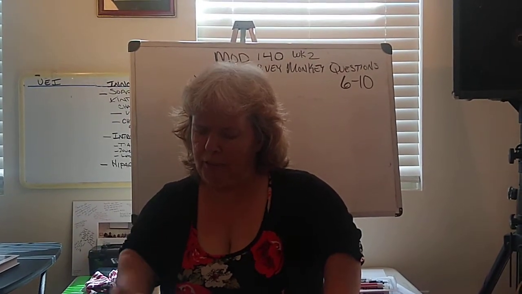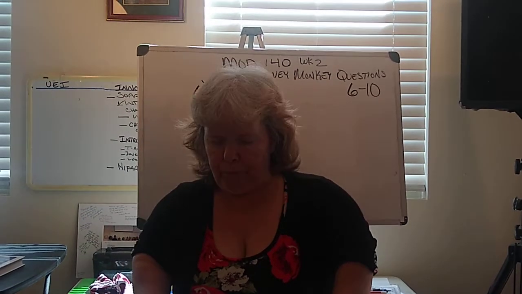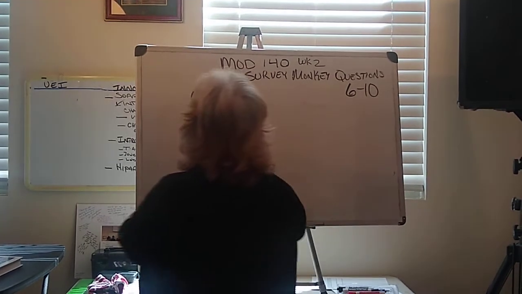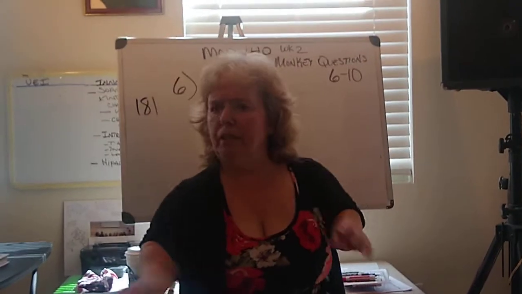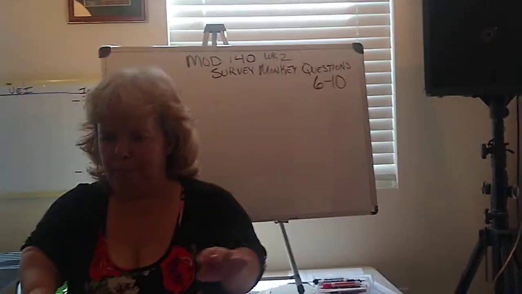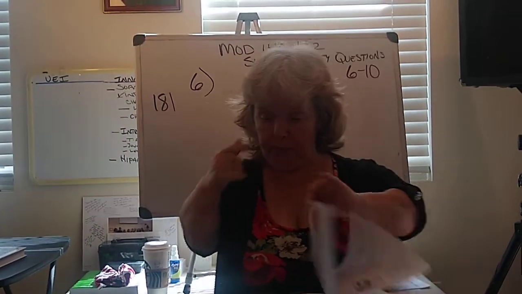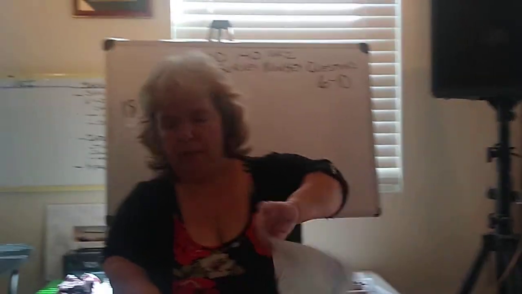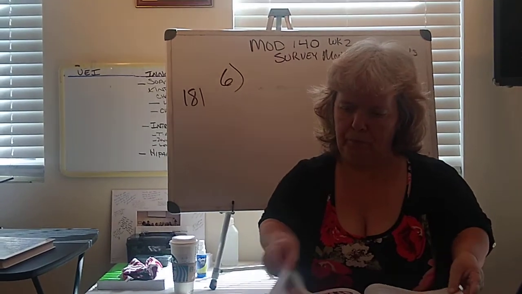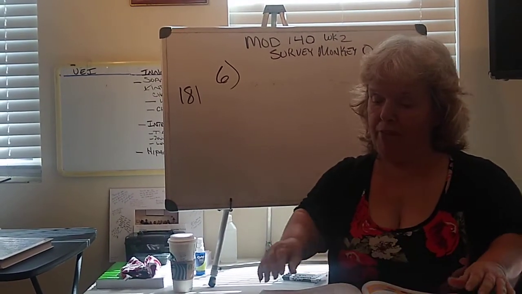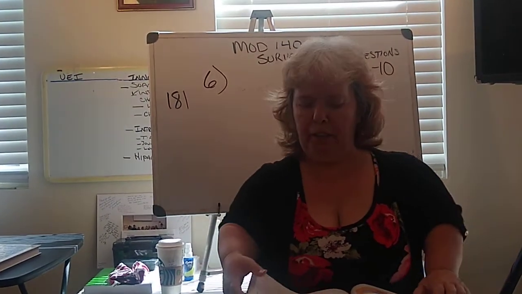The answer to that can be found on page 181 in our marketing textbook. This is in chapter 7. The two perspectives can be found right about the middle of the page.